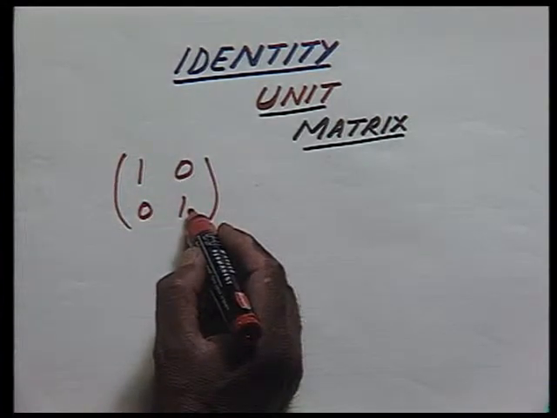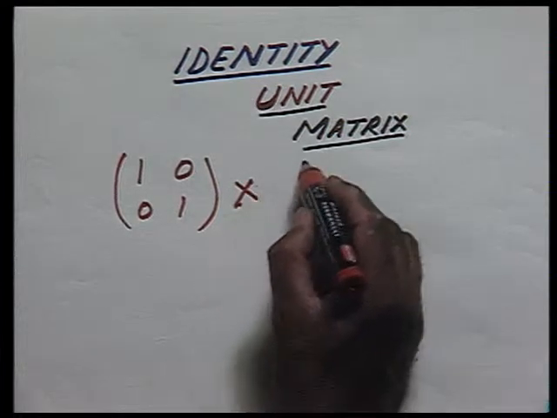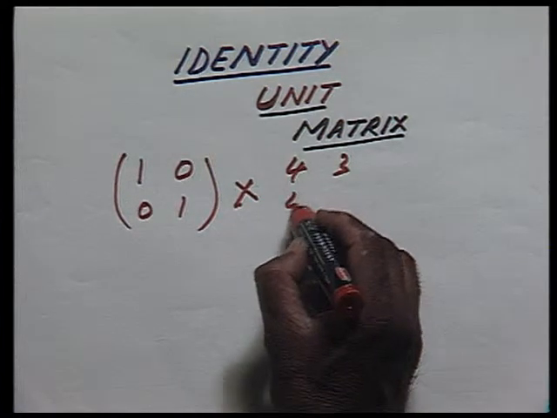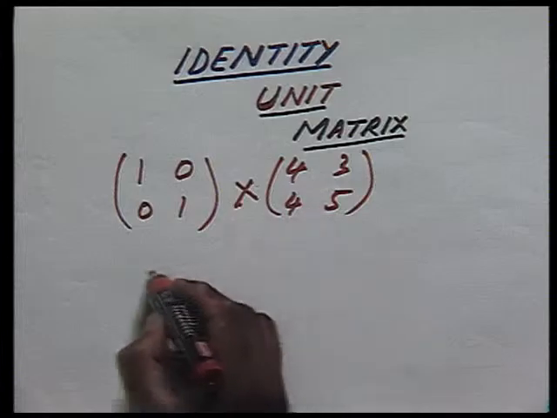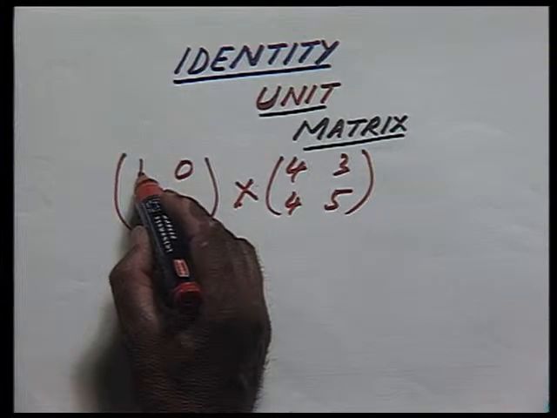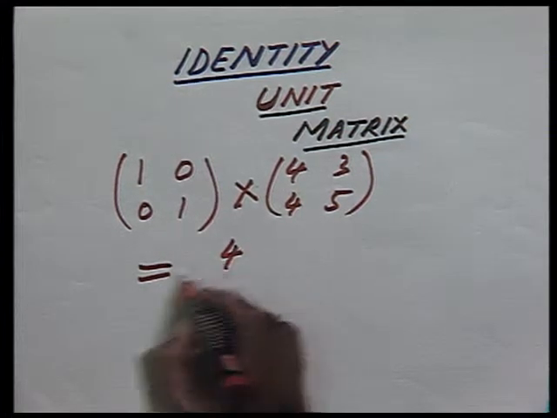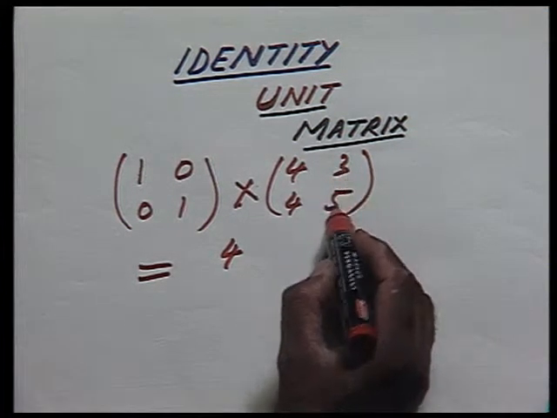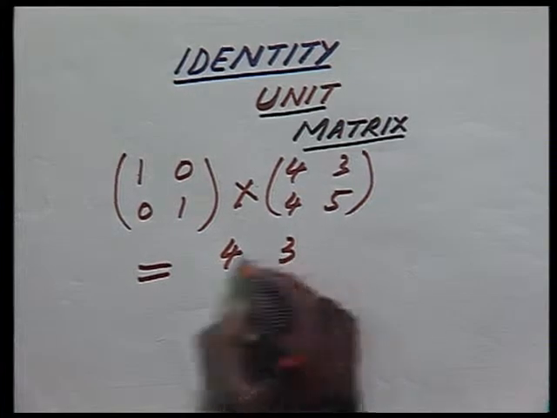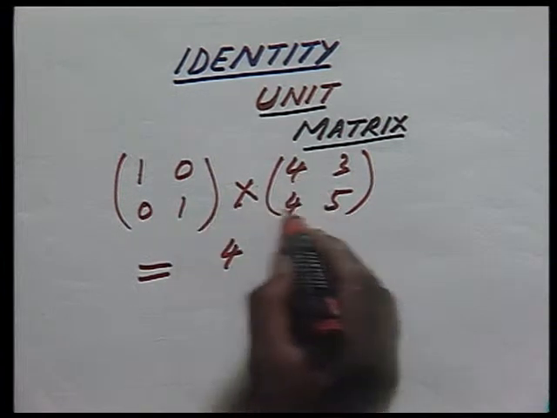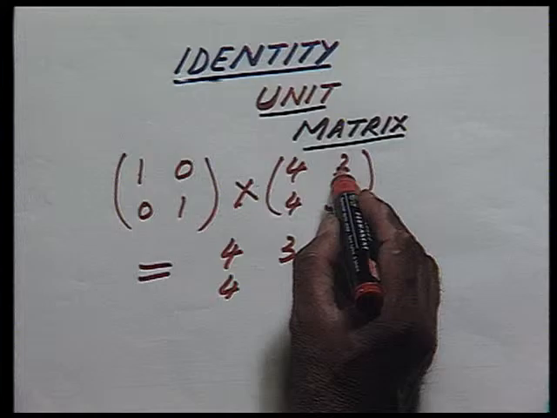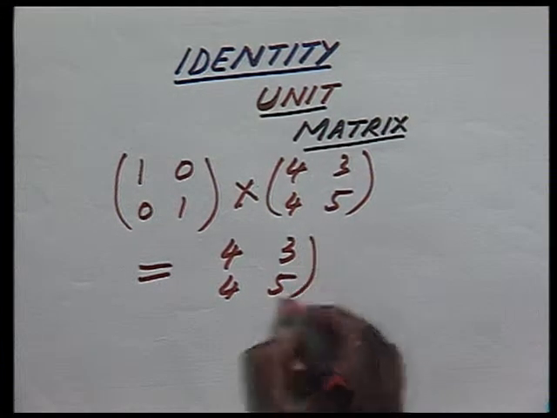In case I multiply this with any matrix, what is the result? 1 times 4, 0. So, first element is 4, this is 3 and this is 0. So, 3, this one 0 and 4, this one 0 1 5 5, I get back the same matrix.